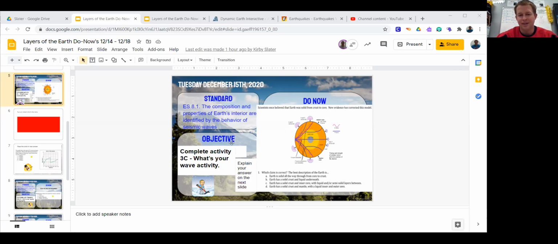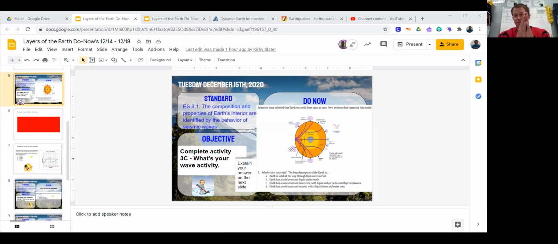And there are different properties. So like the inner core is a solid, the outer core is a liquid, the mantle is a semi-solid. And as seismic waves travel through those different layers, their speeds change. They would hit a different layer and they would react.